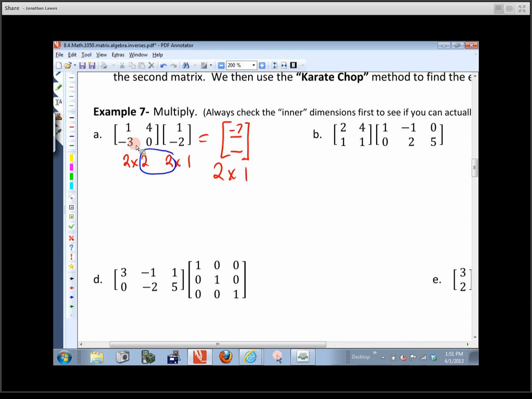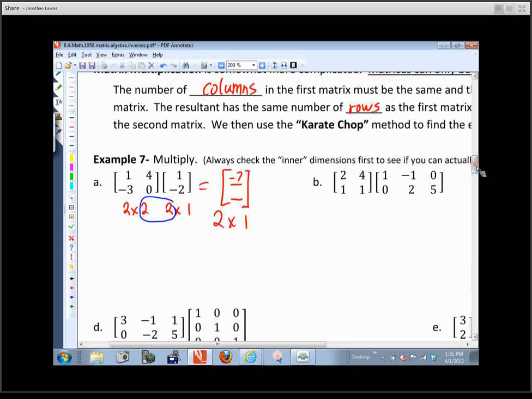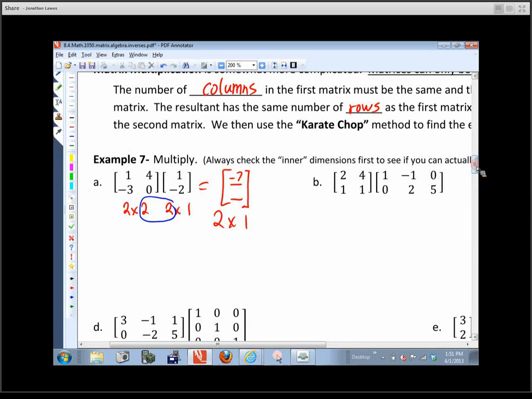Well, okay, let me show it again. If you take this row and karate chop it with this column, see where the tips of my fingers are? See how they're by the 3? If I karate chop it with this one, the 3 would go with the 1, and the 0 would go with the negative 2. They just go in corresponding order.